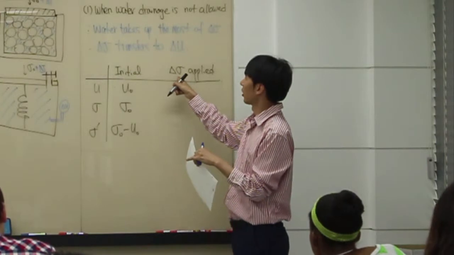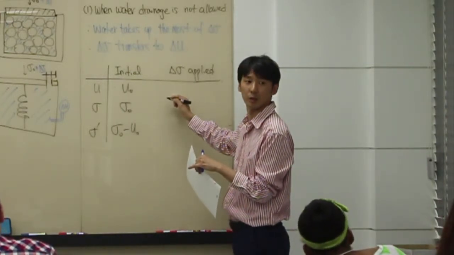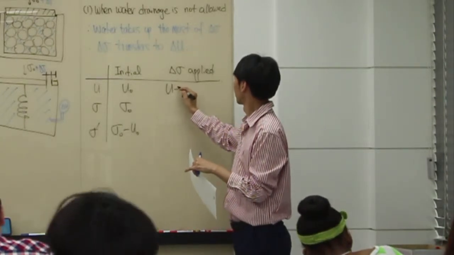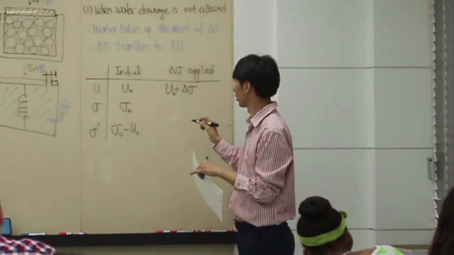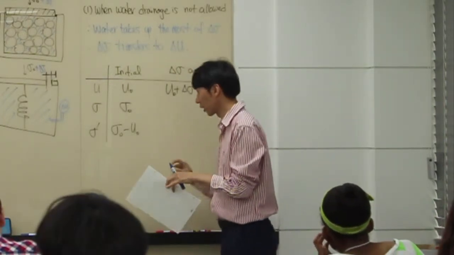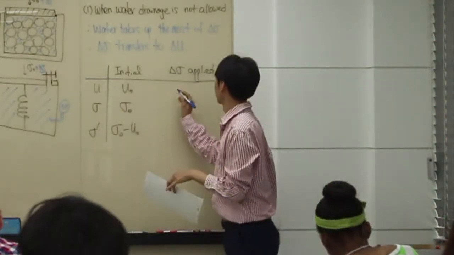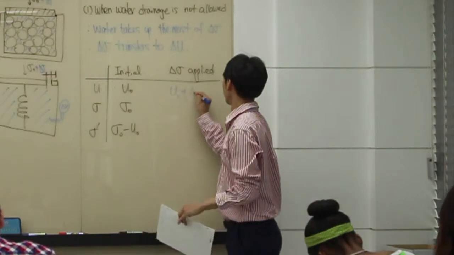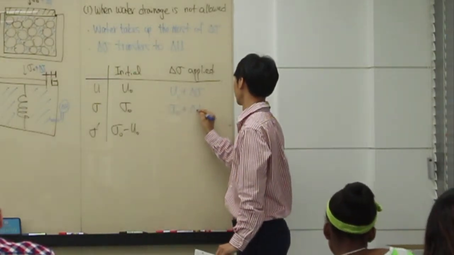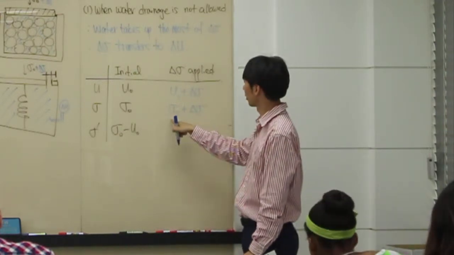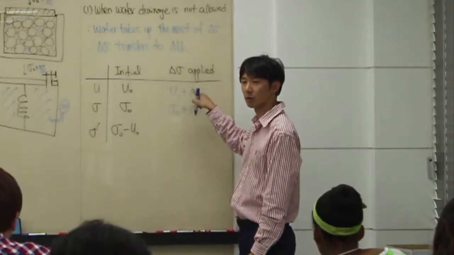When delta sigma is applied, what happens to the pore pressure? Pore pressure will increase by delta sigma, right? What about the total stress? Total stress is also increased by delta sigma. So when you calculate the effective stress, total stress minus pore pressure, this delta sigma will cancel out.